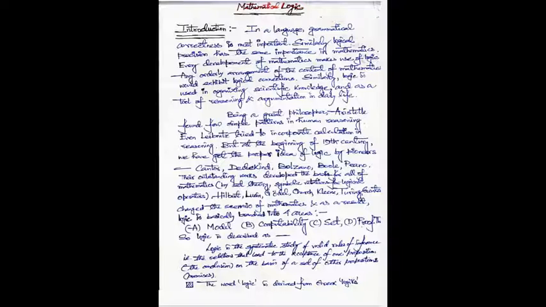That means the relations that lead to acceptance of one proposition, that is the conclusion, on the basis of some pre-assumptions, which are called premises. So depending on premises we give some conclusion. That is the main idea of logic, and the word logic is derived from the Greek word logos.